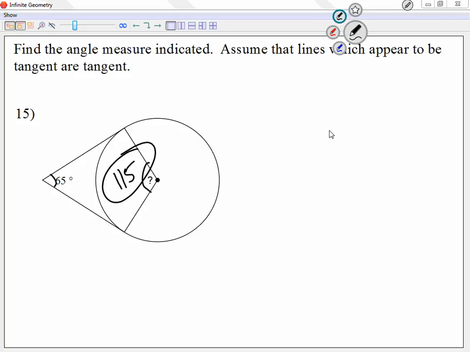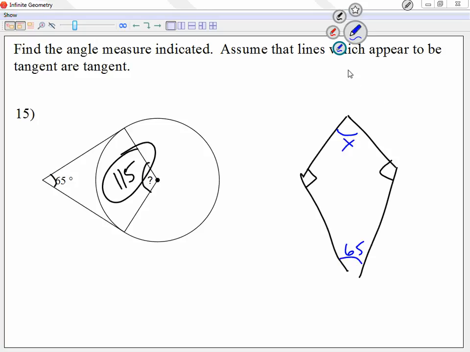Remember, when I came in and said that, imagine I have a kite, let me stand up my kite. I know the whole thing, like the four angles, is 360. But if you take away 90 and you take away another 90, you have 180. So the top angle for right now is X, the bottom angle is 65. I know that X plus 65 is equal to 180.